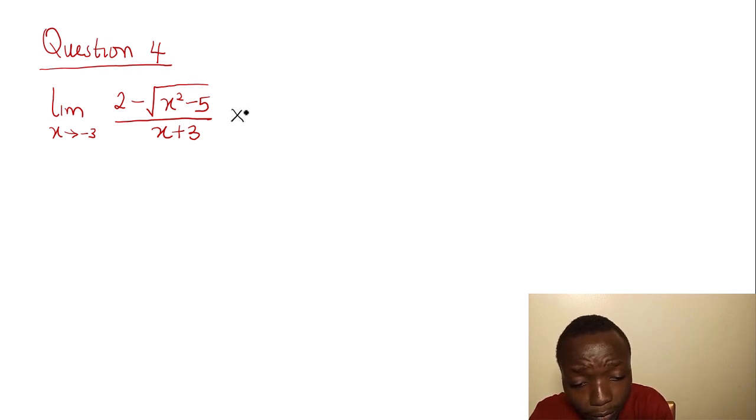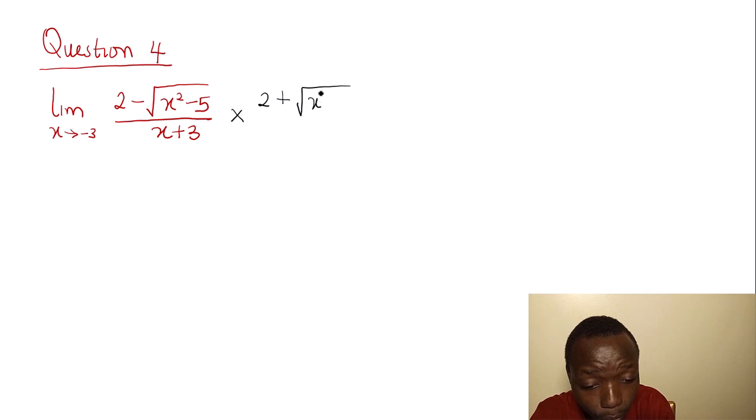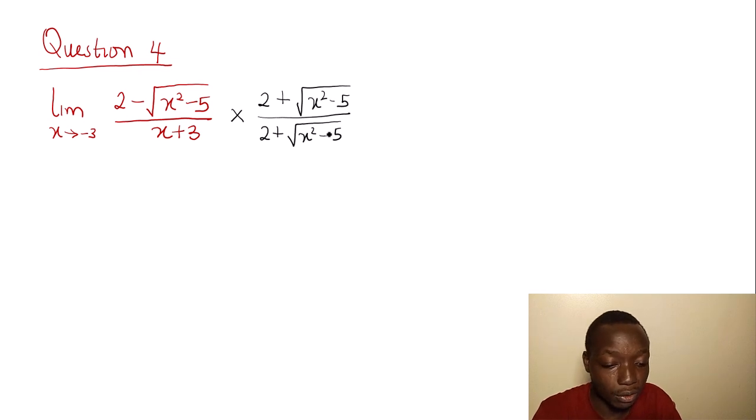So here we will have times 2 plus square root of x squared minus 5 over 2 plus square root of x squared minus 5. Applying the principle of difference of two squares for expansion, I'm going to have limit as x approaches -3.